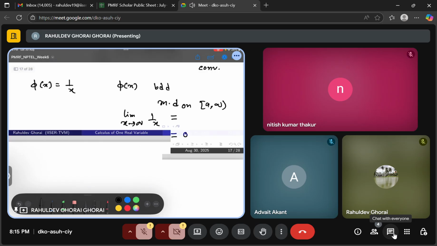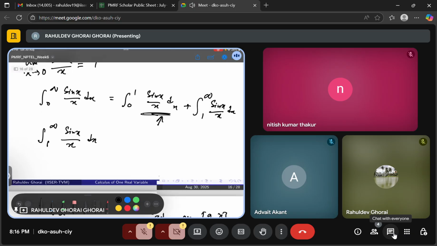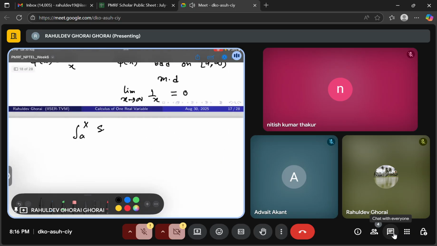And now we need to check the integral from a to x of sin x, whether it is bounded on this interval.